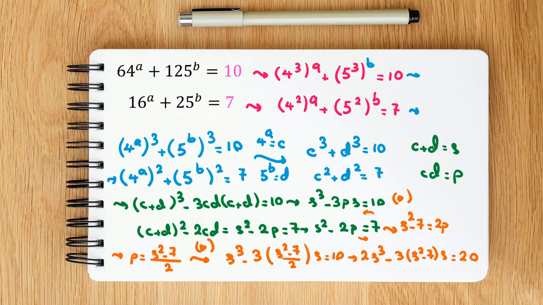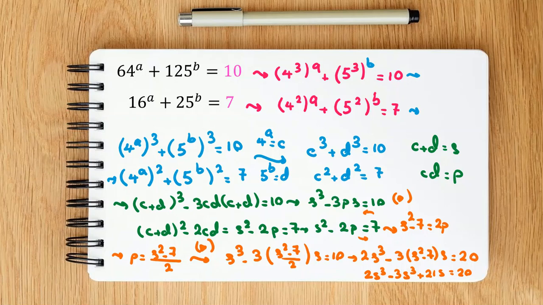Okay. If we simplify, here we have 2s cubed minus 3s squared minus 3s cubed plus 21s equal to 20.